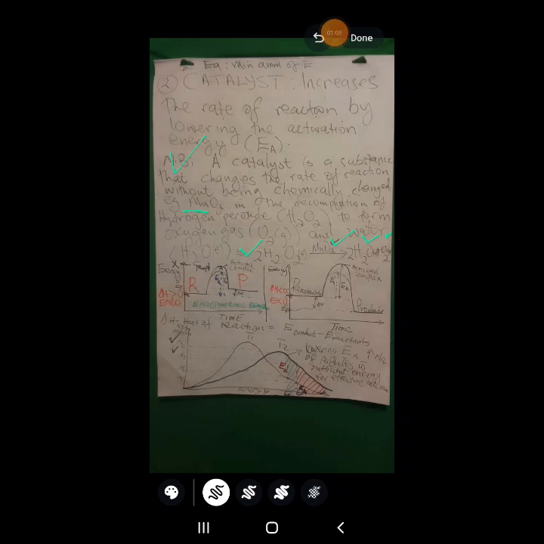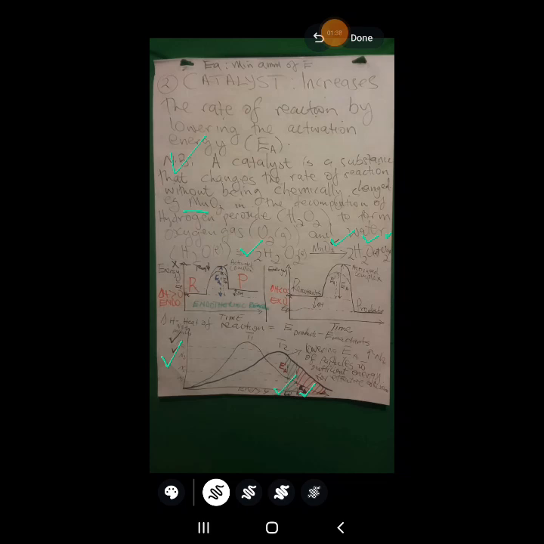Now let's look at the effect of adding a catalyst to a chemical reaction graphically. Let's start by looking at the Maxwell-Boltzmann distribution curve below there. If we consider a certain chemical reaction that is having a certain activation energy, EA, the number of particles that are effective for collision will be increased if you lower the value of EA to E'A.